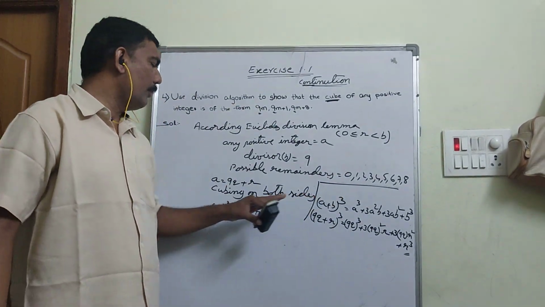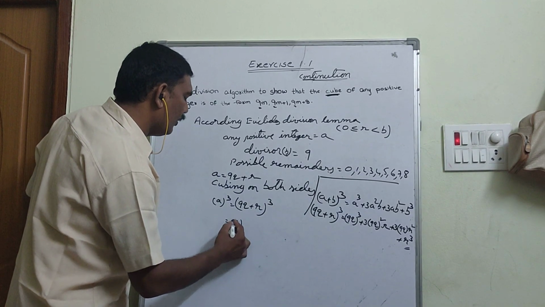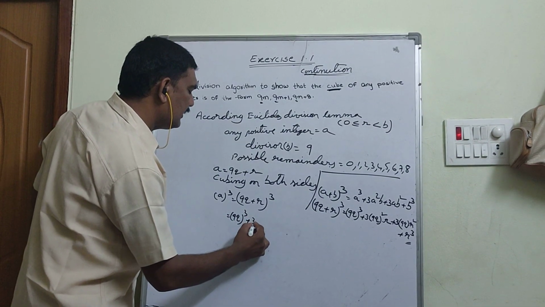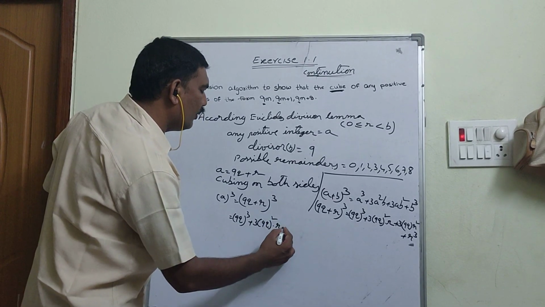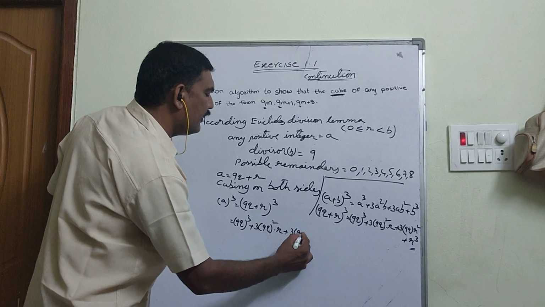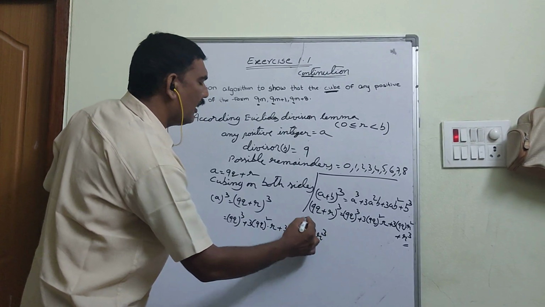As it is, I am copying here. 9q whole cube plus 3 into 9q whole square into r plus 3 into 9q into r square plus r cube.